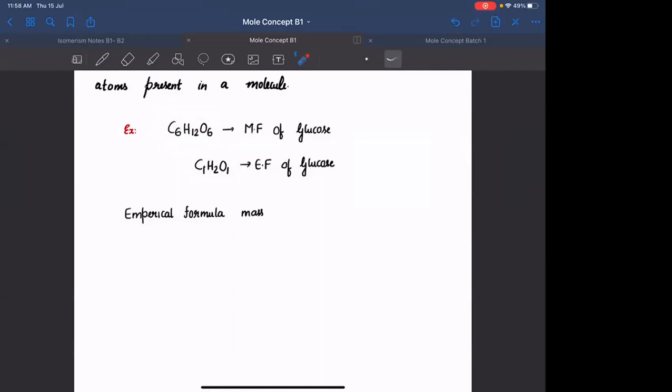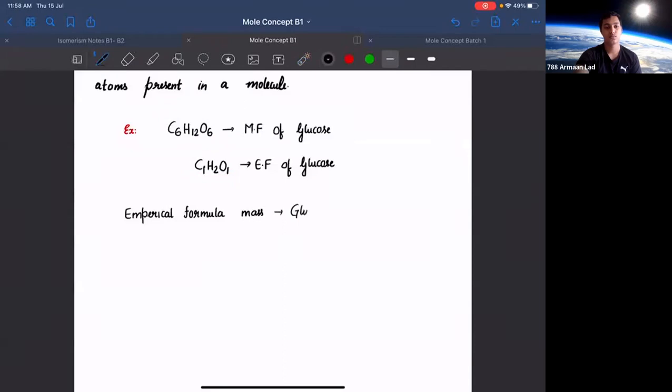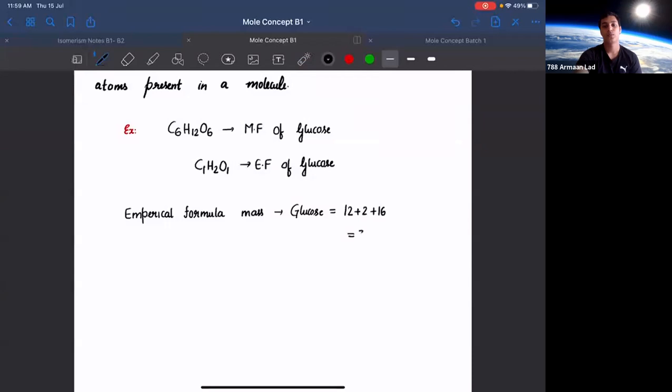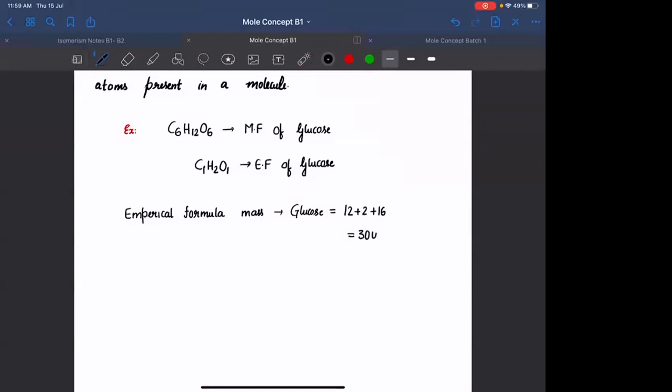Okay, what is the empirical formula mass of glucose? How much will it be? CH2O, its mass, which is 12 plus 2 plus 16, which is equal to 30 amu.